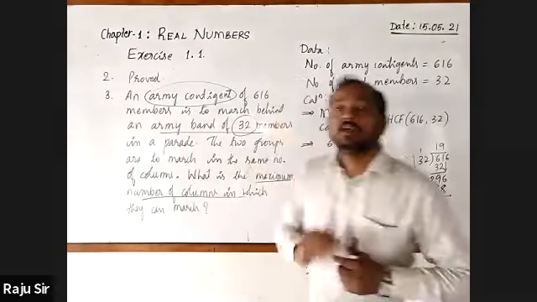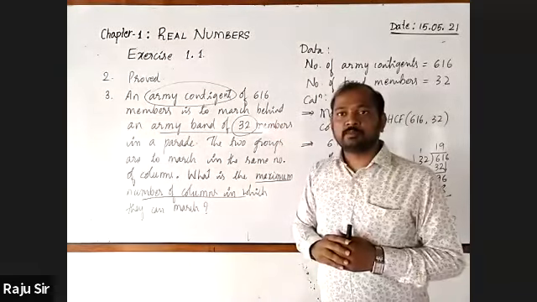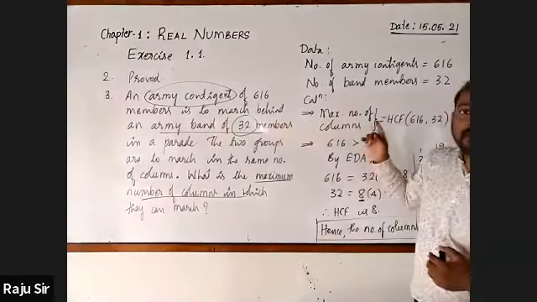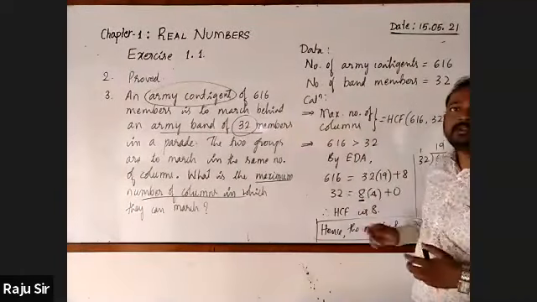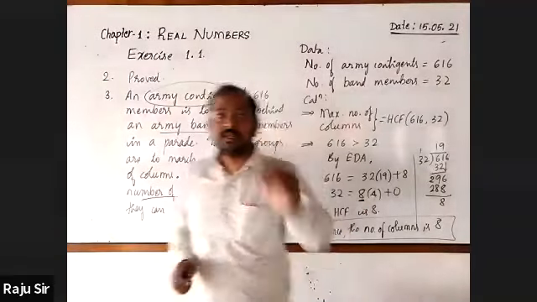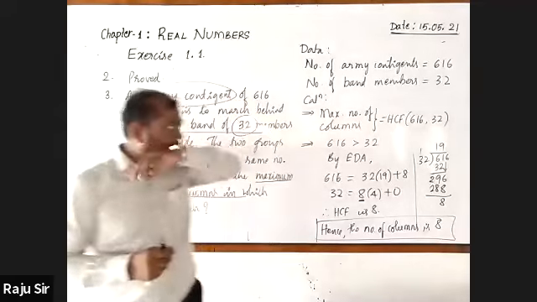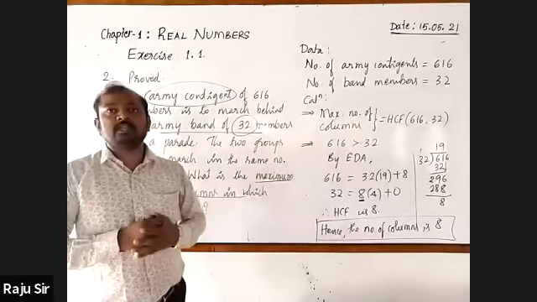Excellent. All of you have given a very good response. The question can be extended, as we can also find the number of army contingents in each column and the number of band members in each column.